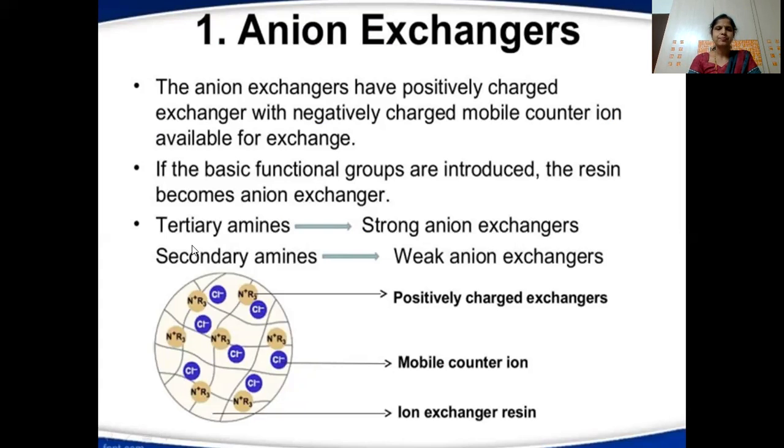Tertiary amines, which act as strong anion exchangers. We can also have secondary amines, which act as weak anion exchangers. So anion exchangers exchange the anions, because anions are the mobile counter ions present on them. These ions will be exchanged with the anions present in the sample.